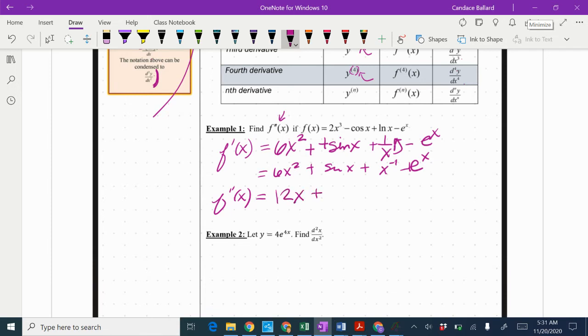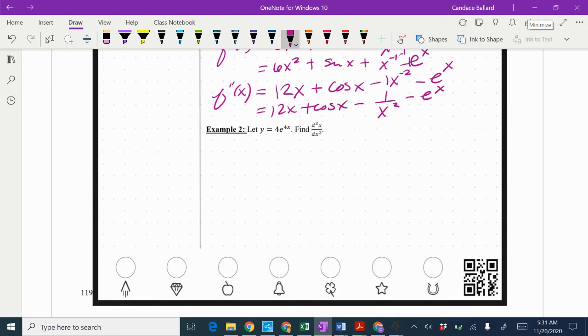The derivative of sine x would be cosine x. The derivative of x to the negative 1, we bring the negative in front, so it would be negative 1x, subtract 1 to get the negative 2, and then minus e to the x. I could spend one line cleaning that up a little bit by making the third term negative 1 over x squared and getting that exponent positive.